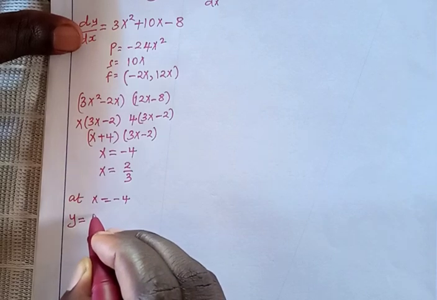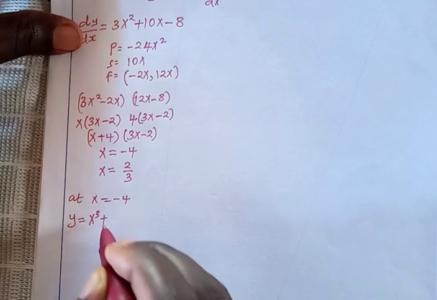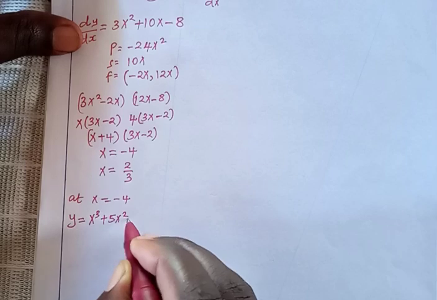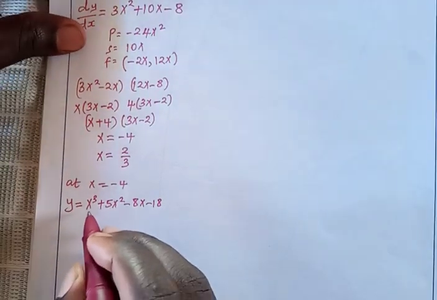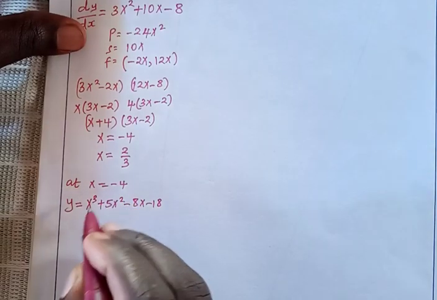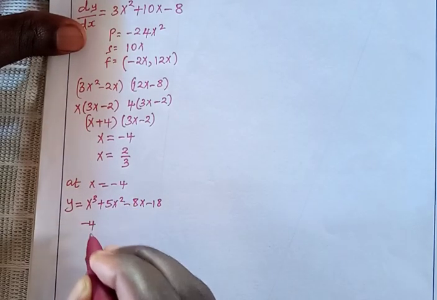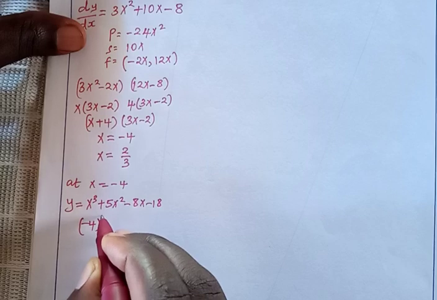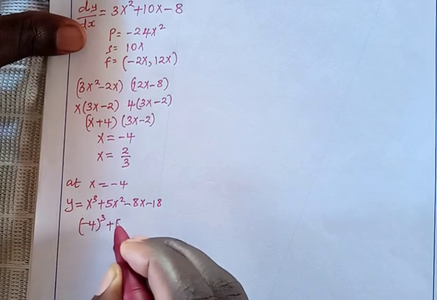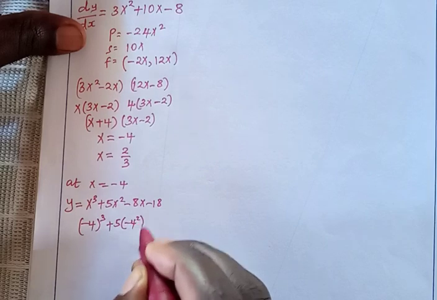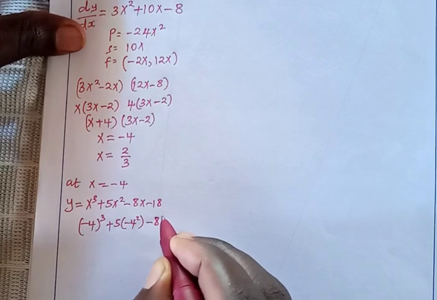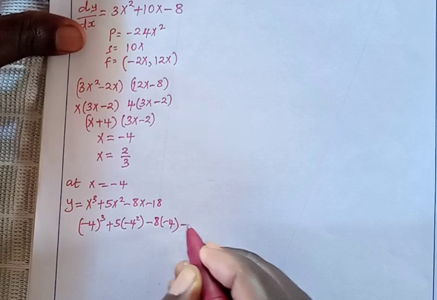Remember, the main equation was x raised to power 3 plus 5x squared minus 8x, then minus 18. Where we see x, we replace with negative 4. So negative 4 raised to power 3, plus 5 into negative 4 squared, minus 8 into negative 4, then minus 18.